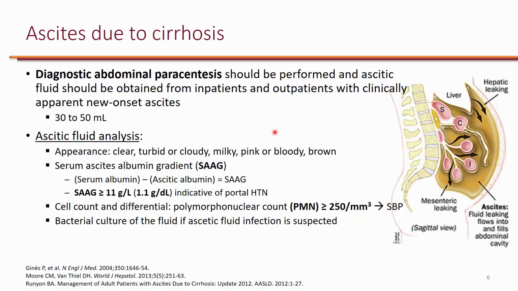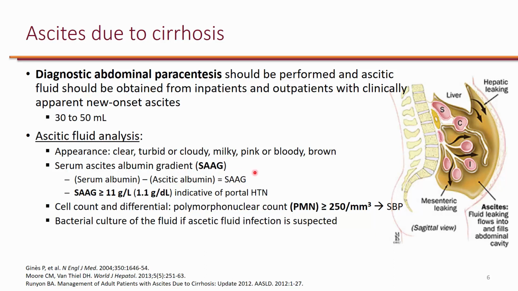You can send it to the lab in several bottles to check for appearance. If these fluids are not infected, they're supposed to be clear, whereas if it's infected, it can be cloudy or turbid.